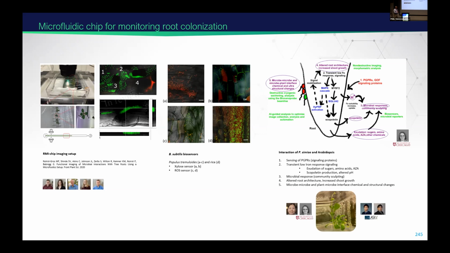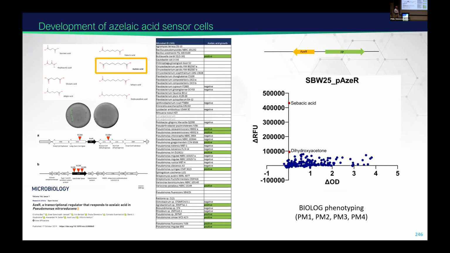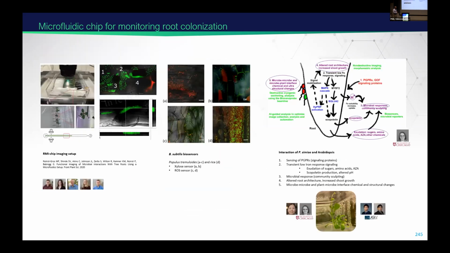And the nice thing is that both Yasuo and Jean are working on the same plant system and also on the same microbes, Arabidopsis and Pseudomonas simiae. This is just a snapshot of one of the biosensors. As I said, plants will also excrete azelaic acid, and this in turn promotes growth of microbes and also somewhat limits pathogenic microbial growth.